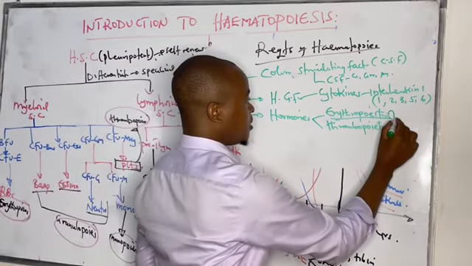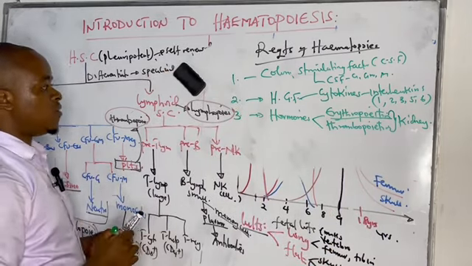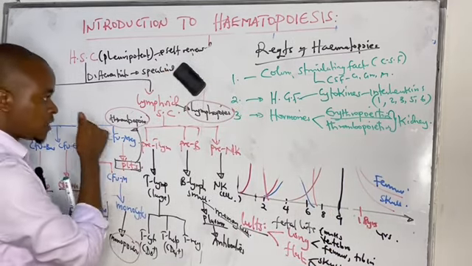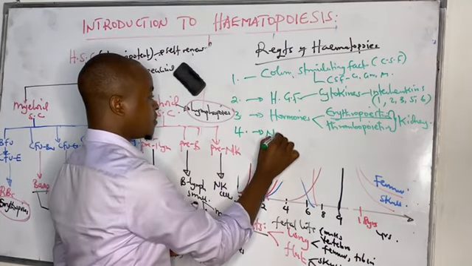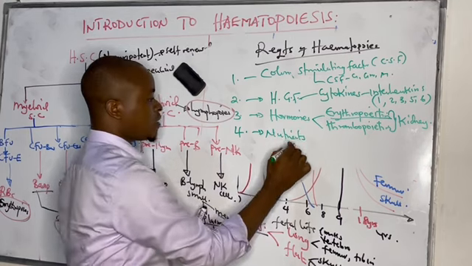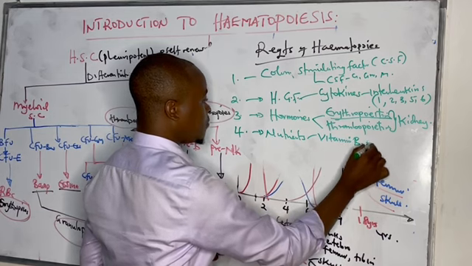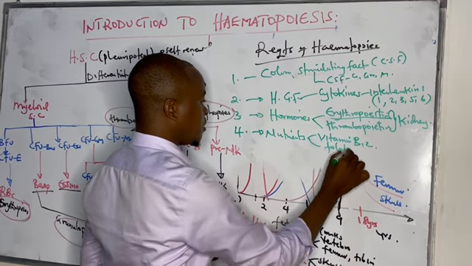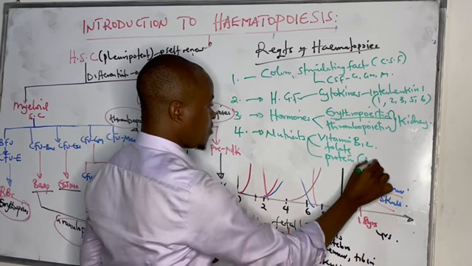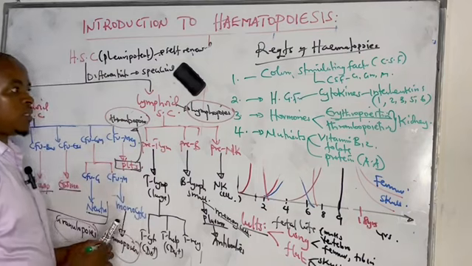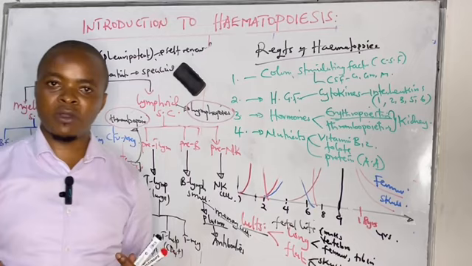They are the ones that make these multipotent stem cells become committed. And number 4, we need nutrients. What are those nutrients? Vitamins like vitamin B12, folate, and then proteins, which supply the amino acids during erythropoiesis. So these are the 4 requirements of hematopoiesis in general.